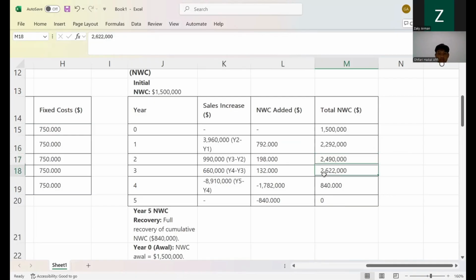So for year 3, the total NWC from year 2 plus the NWC added in year 3 equals 2,622,000, and 262,000 we minus with 1,782,000 equals 840,000.